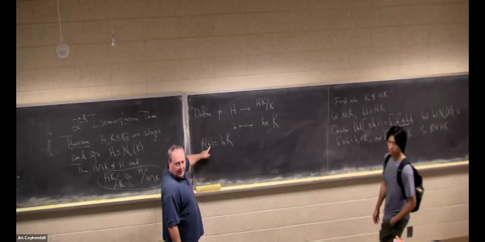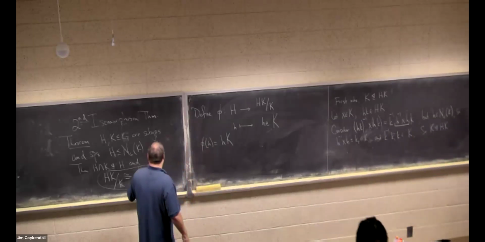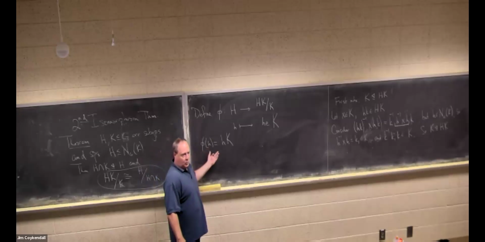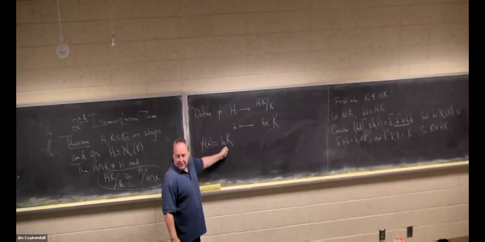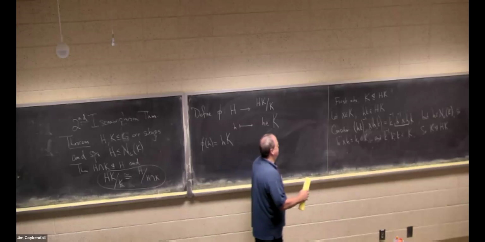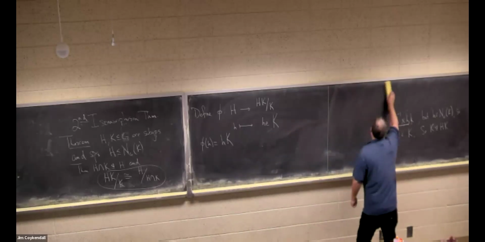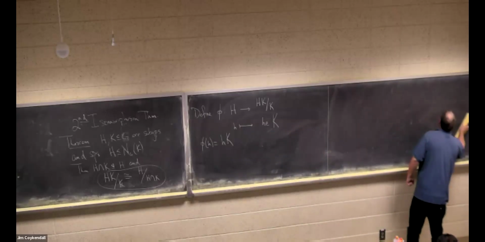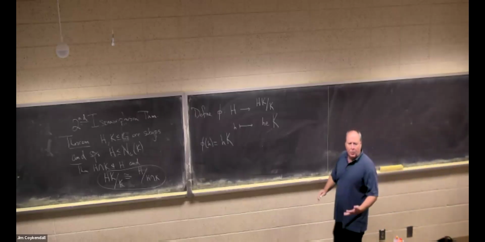Because there's no ambiguity here. If this was from H mod something, I would have to worry about coset representatives. I don't have to do this. Input h, output this coset. All right, so this is well defined.